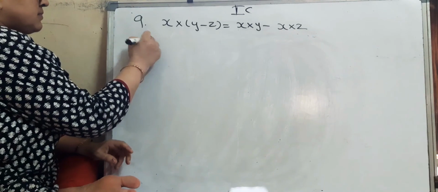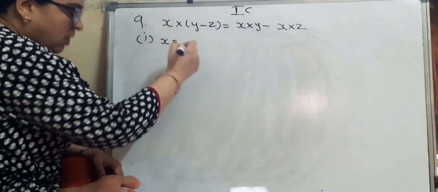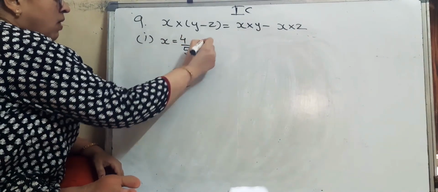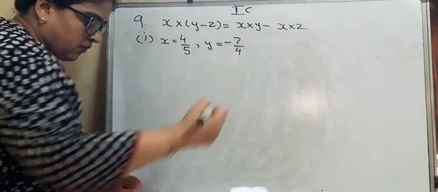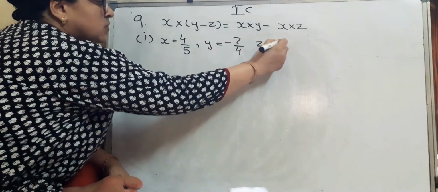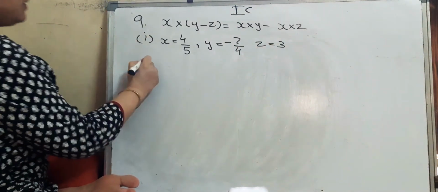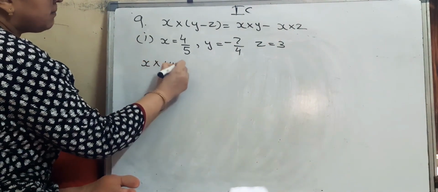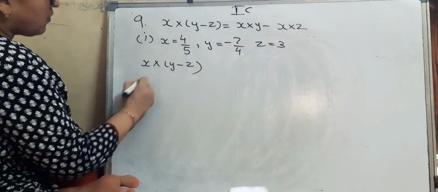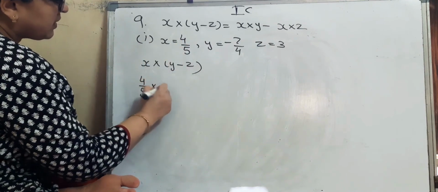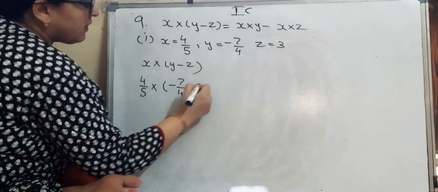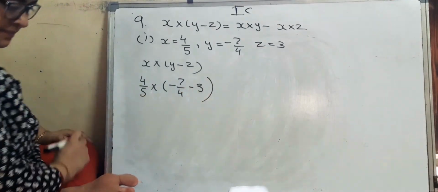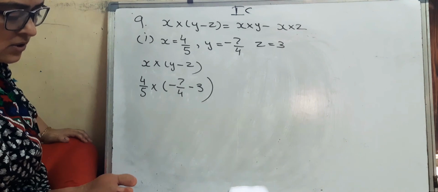First one, x is equal to 4 upon 5, y is equal to minus 7 upon 4 and z is equal to 3. First, x into y minus z. So what is the value of x? 4 upon 5. Value of y minus 7 upon 4 minus z value is 3, right?